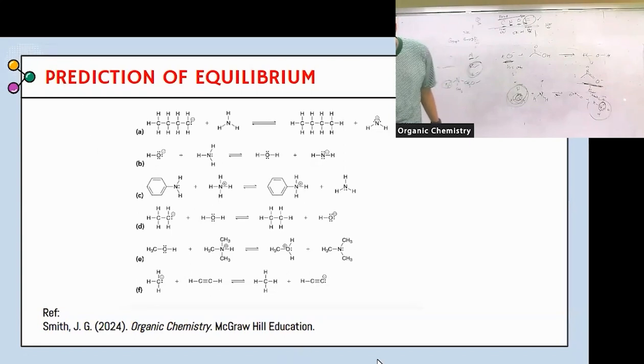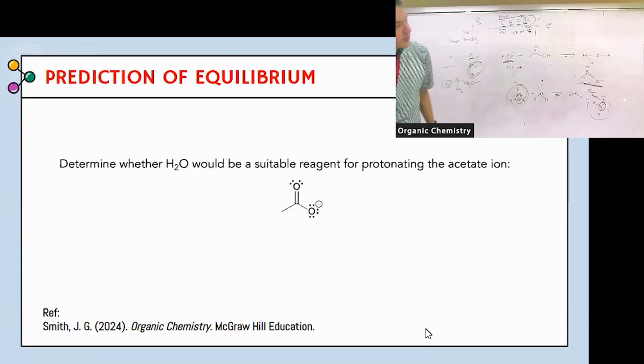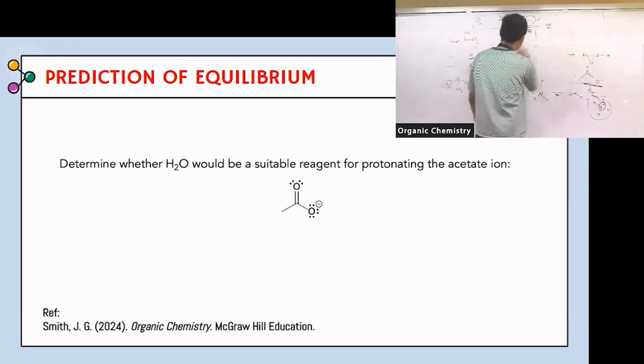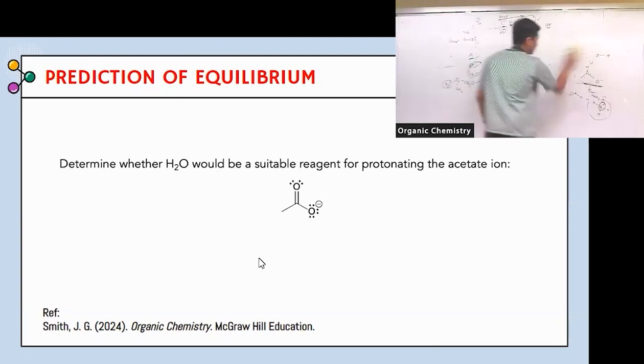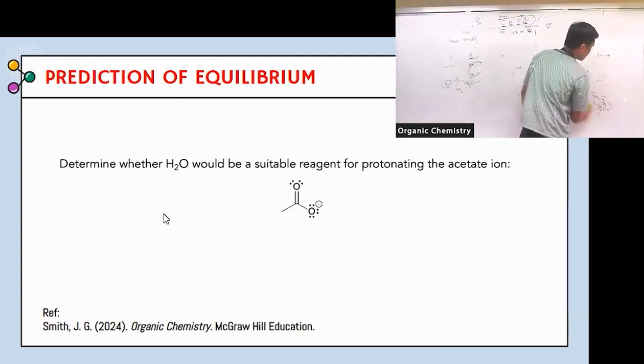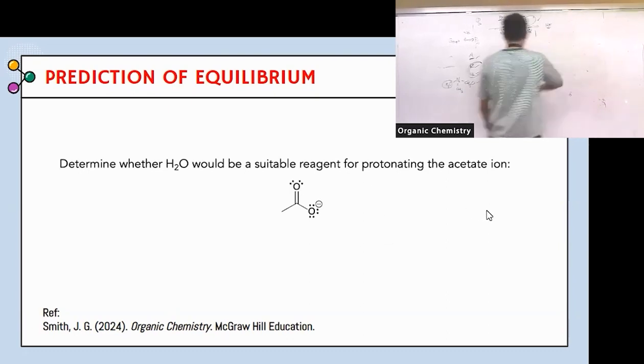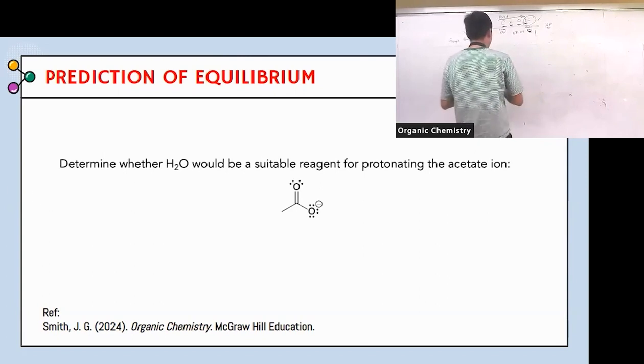And lastly, next slide, please. You could try this at home. Actually, let's try it now. It's just quick. Determine whether H2O would be able to protonate the acetate ion. So what does that look like?